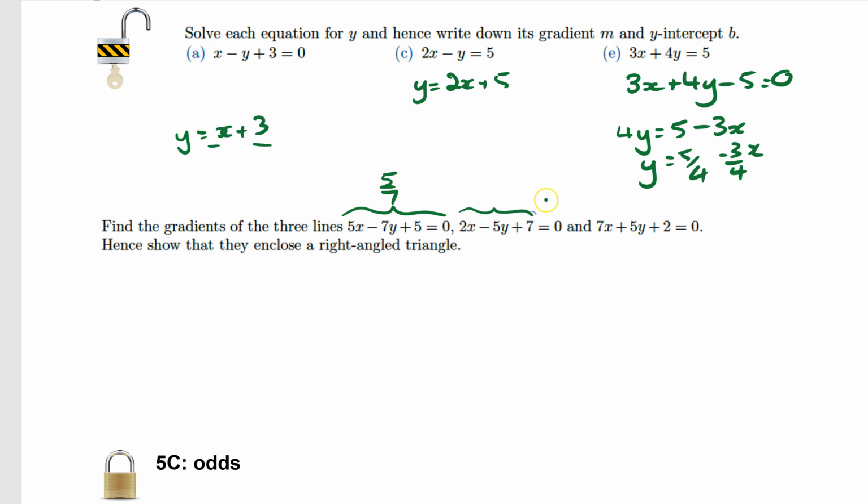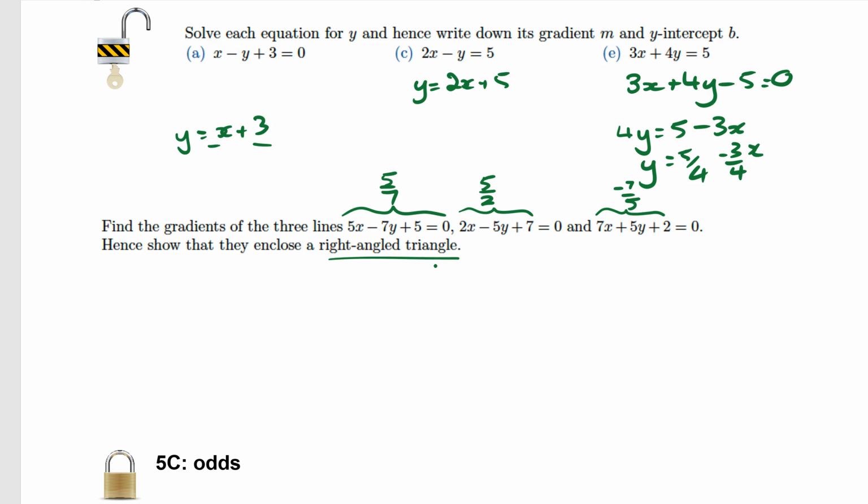The gradient of this one will be 5 over 2, and the gradient of this one will be minus 7 over 5.